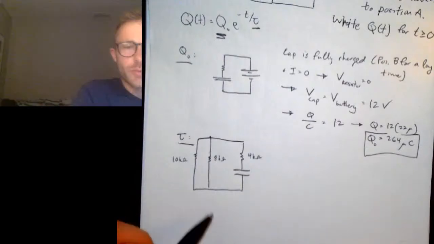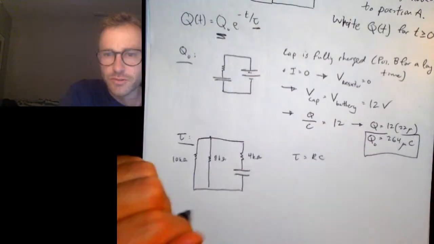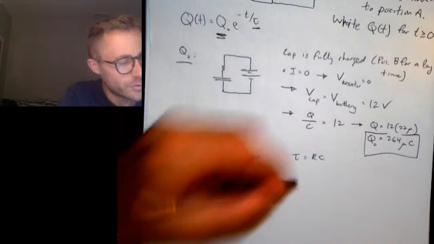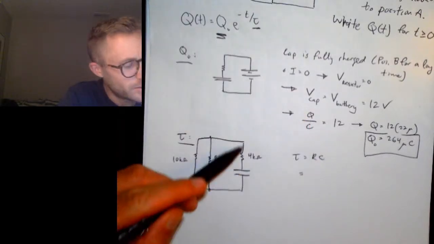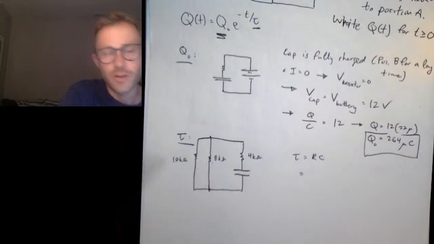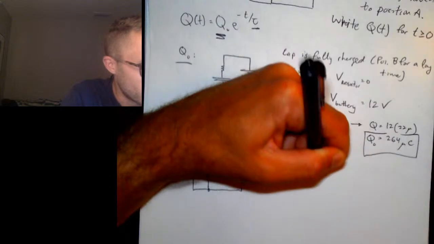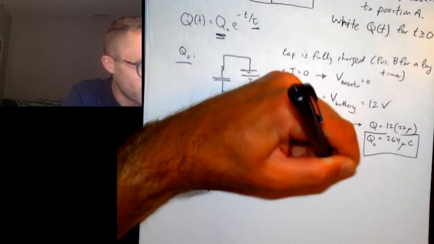So what we can see, remember, tau is RC. So how much resistance is this capacitor discharging through? Well, it's discharging through 4 kilo ohms in series with 8 kilo ohms in parallel with 10. Okay? So 4 plus 8 in parallel with 10.